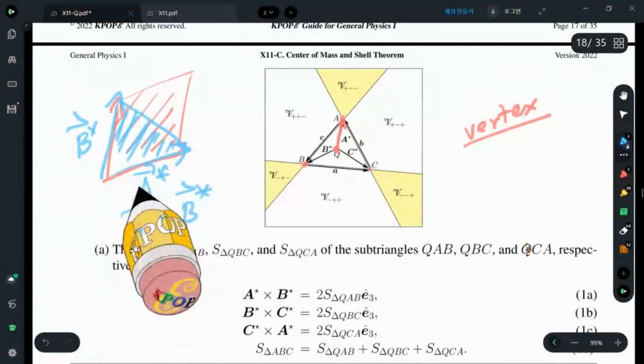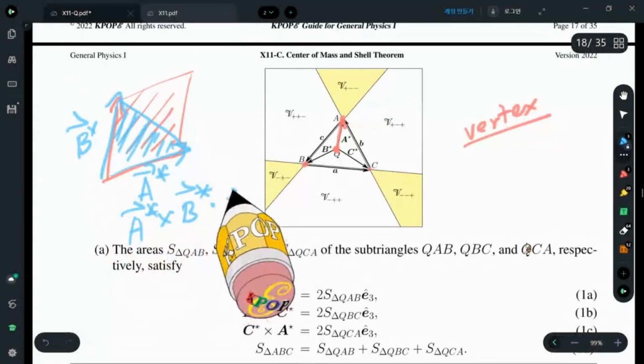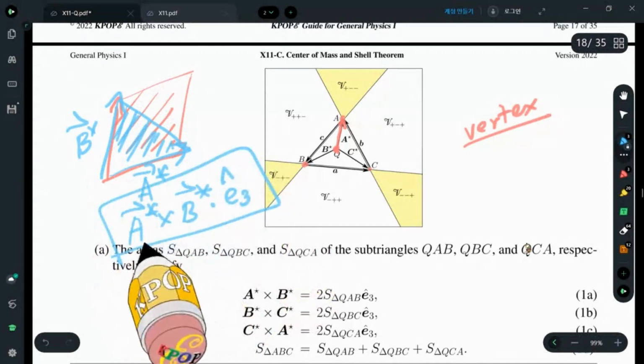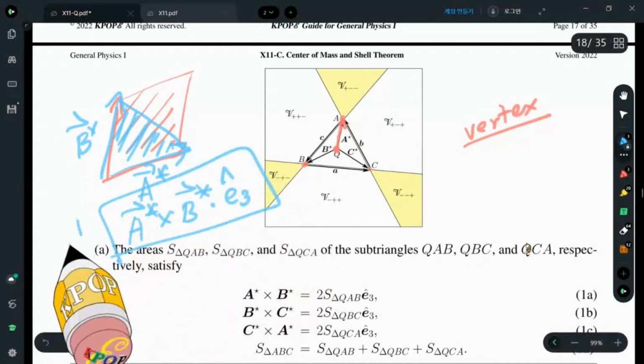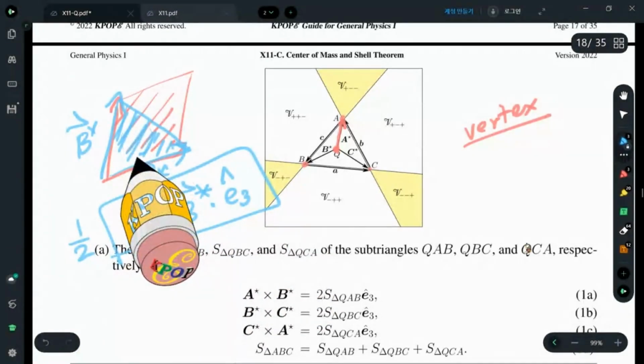Because it is a vector, and this vector is perpendicular to this plane, I just multiply the unit vector along the z-axis, then 1/2 of this will be the area of this small triangle.